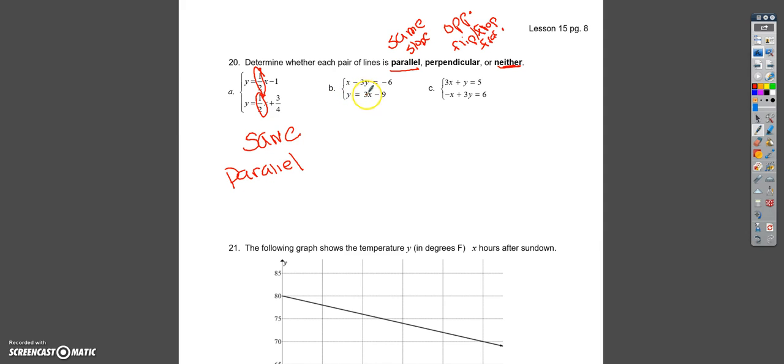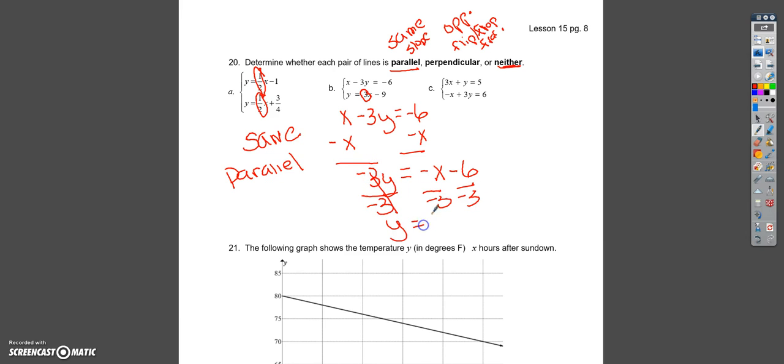Here's y equals, so this has a slope of 3. This is not y equals, so we're going to make it y equals. So we're going to minus x and minus x, which gives us negative 3y equals negative x minus 6. Divide by negative 3.